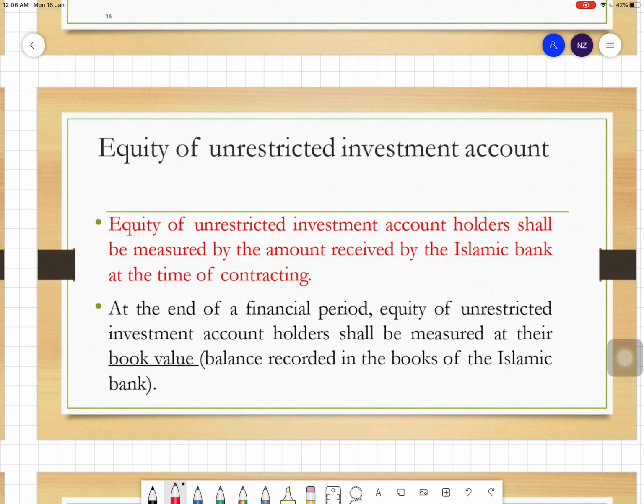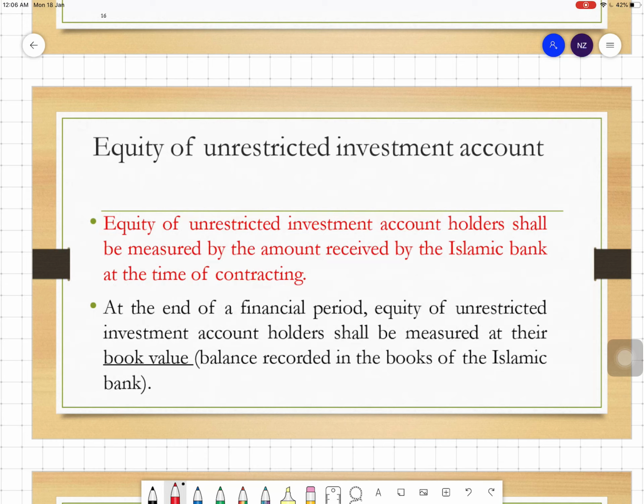And as for the equity of unrestricted investment account, it shall be measured by the amount received by the Islamic bank at the time of contracting. So as before, it will record in the Islamic bank account when it receives the amount of the fund, and when the investment contract is due, only then will it record. Until it is recorded, it will go into the current account of the customer.